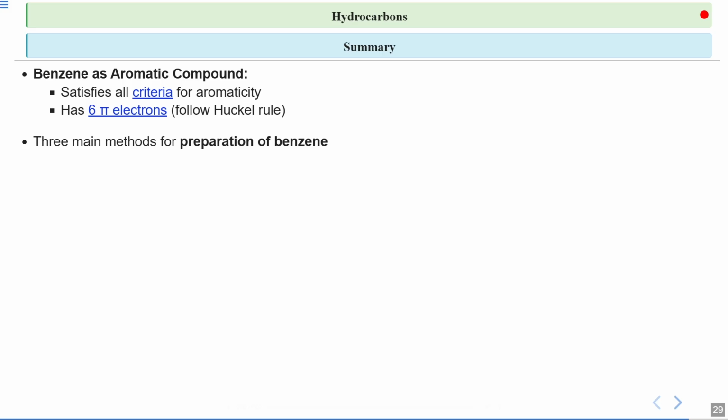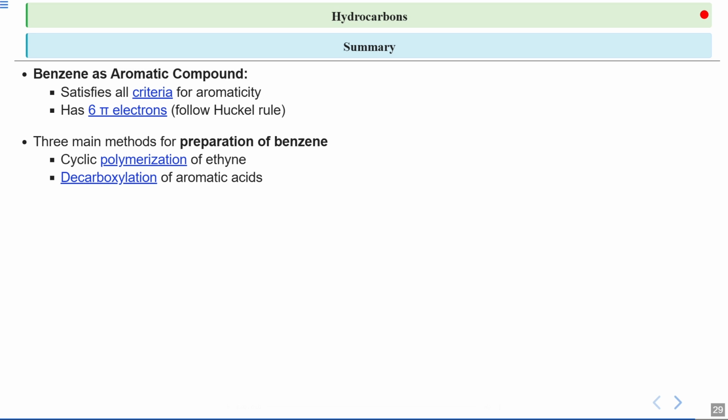Then we talked about the preparatory methods for benzene, which include decarboxylation, cyclic polymerization, and reduction. For cyclic polymerization, we started with ethyne, which under high temperature and pressure can undergo cyclic polymerization to form benzene. Next is decarboxylation. If you decarboxylate the sodium salt of benzoic acid, it is converted into benzene by removal of carbon dioxide.